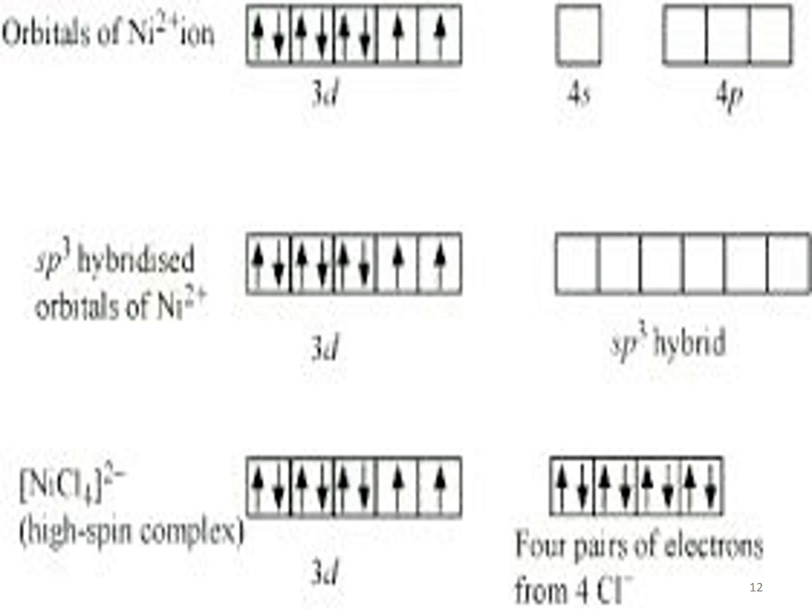Orbital of nickel plus 2: sp3 hybridization means that 1s and 3p orbitals from the last subshell are involved in hybridization, and nickel has 2 unpaired electrons in the d subshell, and 4 pairs of electrons from 4 chloride ions are being donated for the formation of a coordinate covalent bond.